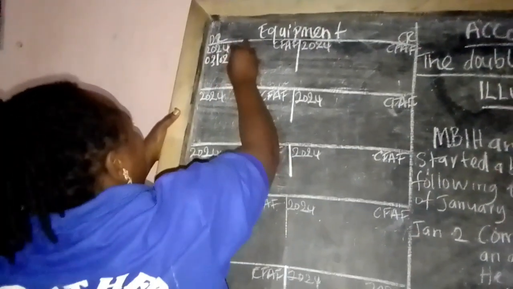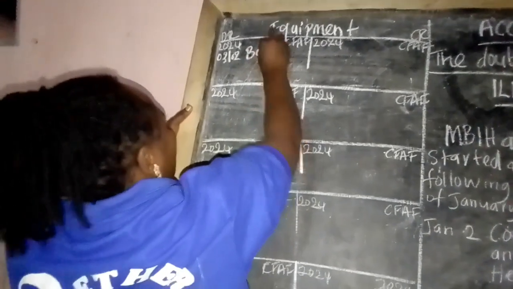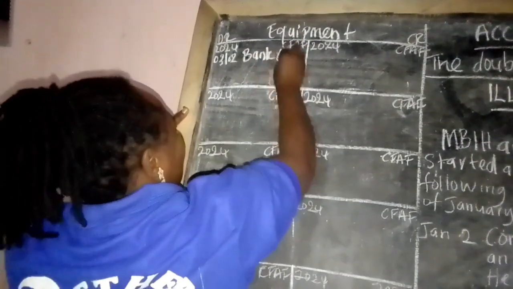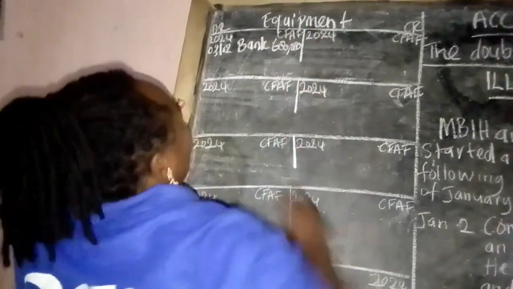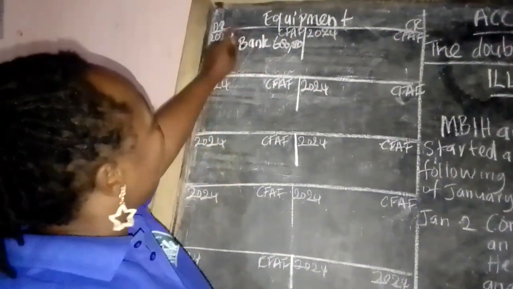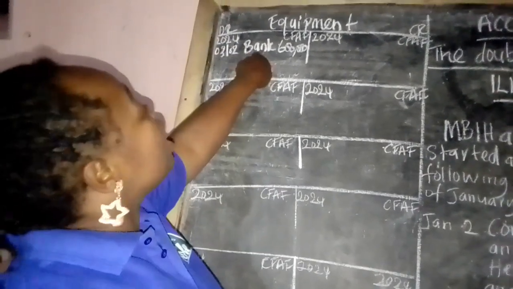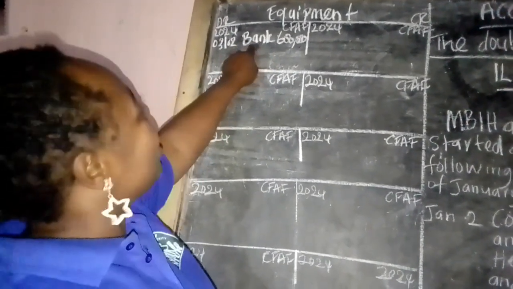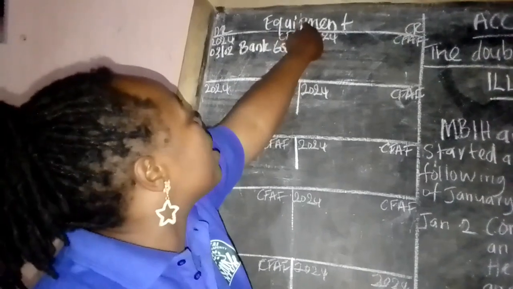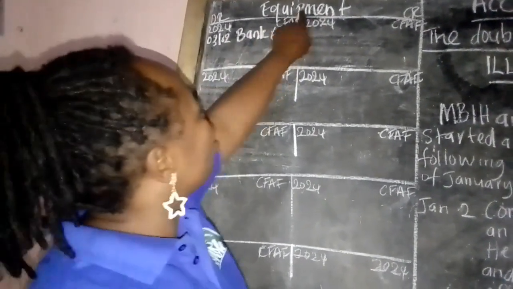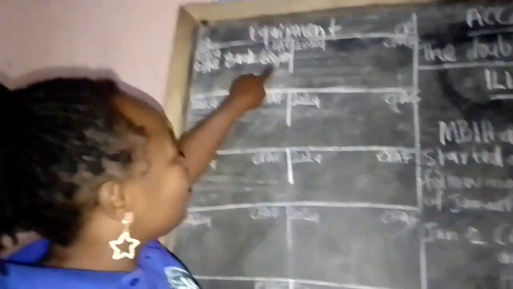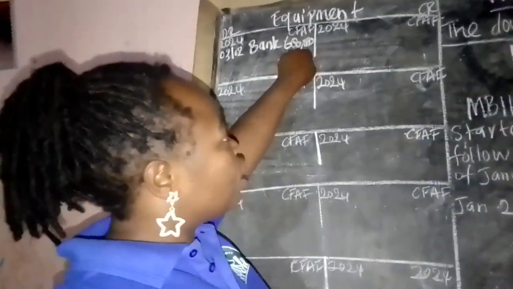We put here bank. And we put 600,000. This is to show that if you go to the bank account, you will see on the credit side the date, the narration which will be equipment, and you see this same amount, 600,000.